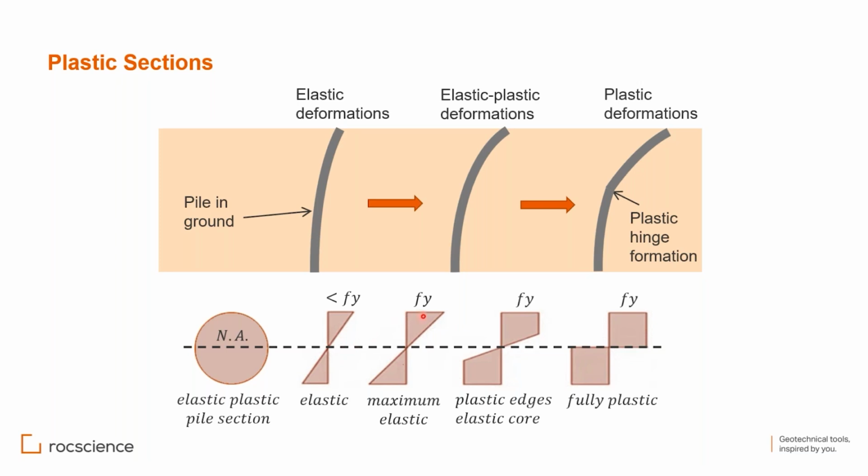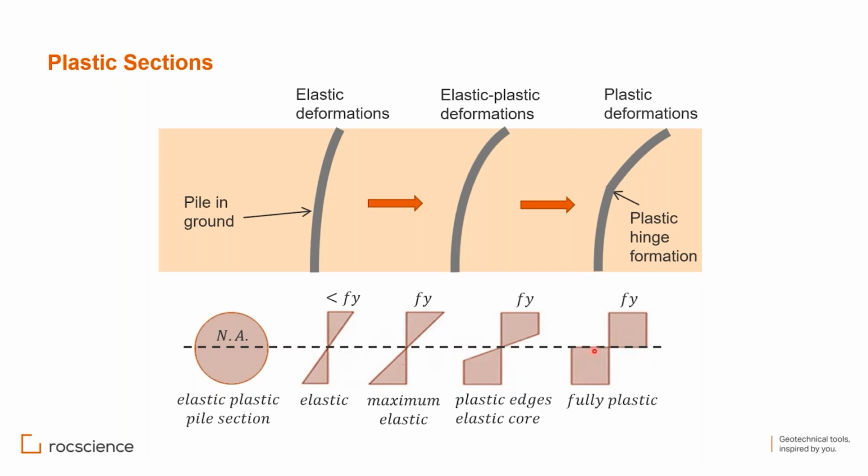If it increases until it reaches Fy, this is the maximum elastic condition that we can reach. And if the moments increase more, then part of the section from the edge starts to become plastic, while the core of the pile or the section is still under elastic condition.